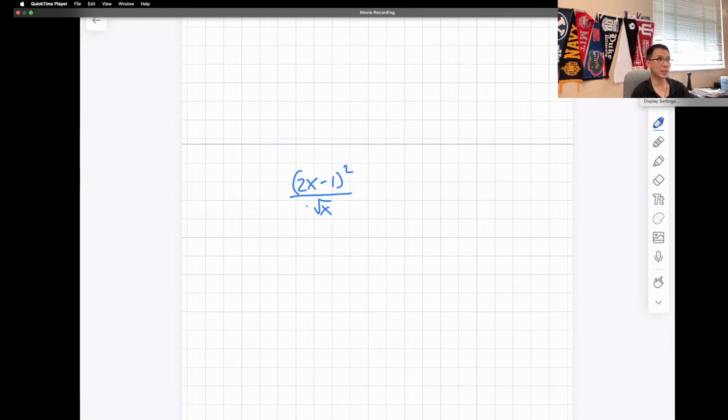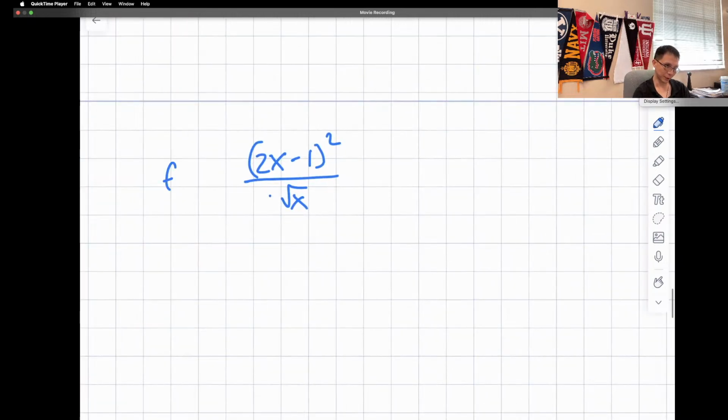So this question has something to do with today's lesson. I'll start by covering this one, and we're going to mention this again. Today we're going to talk about product rule and quotient rule, and this is not a place you should use quotient rule, even though it looks like quotient rule.